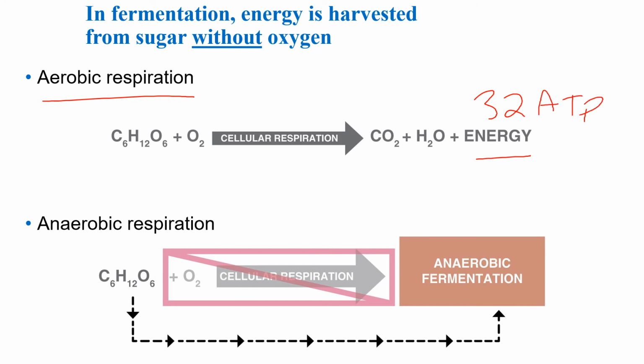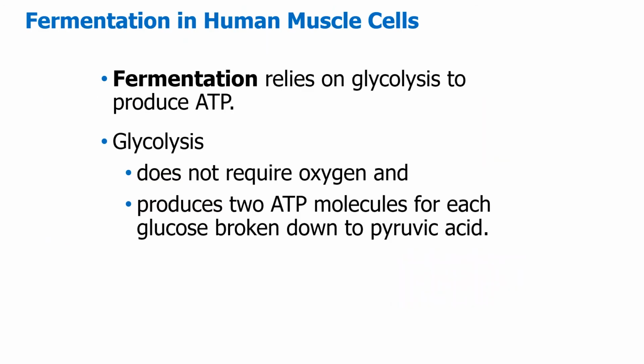But if we don't have enough oxygen, we're going to go through the anaerobic respiration, or basically fermentation, and we're actually only going to make 2 ATP molecules. You can see a huge difference in terms of the ATP production. Instead of making 32, we're only going to make 2 ATP molecules.